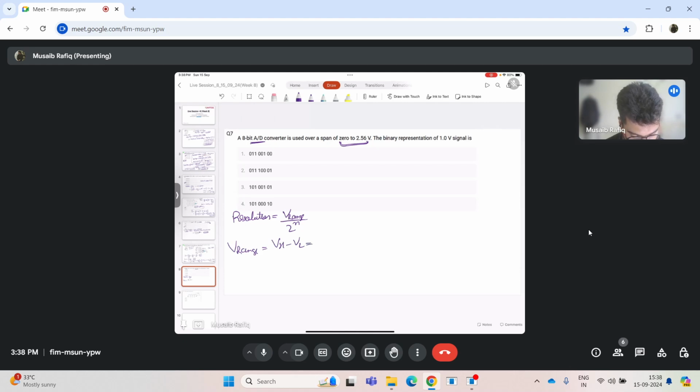V high is 2.56 and V low is 0, so V range is 2.56 volt. Plugging it here, it will be 2.56 divided by 2 raised to the power n. N is 8, so this is 2.56 divided by 256. So this is 0.01 volt. So your resolution is 0.01 volt.